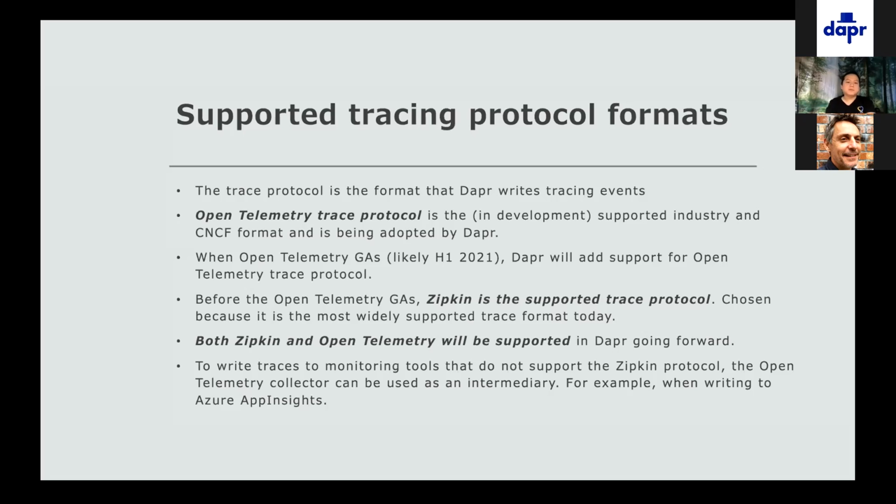In the meantime, if you have any monitoring tool that does not support the Zipkin protocol, there is a workaround using the OpenTelemetry collector agent. It can listen to the Zipkin format, and it can write to almost all other trace formats. So for example, writing to Application Insights.